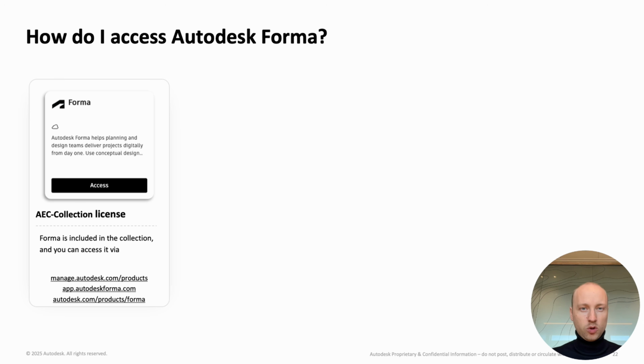So before I demo Forma, let's explain how you can access the software. If you already have an AEC Collection license, you're in good luck because it's already included in your software package. So you can simply head on to AUM, or Autodesk User Management System, or you can go onto our product page. There's a link there as well, and you can start creating right away.